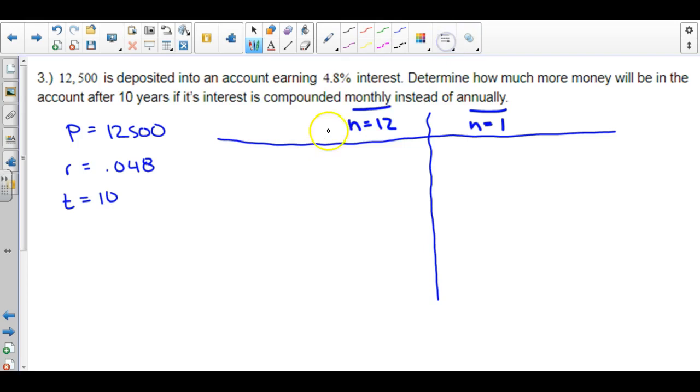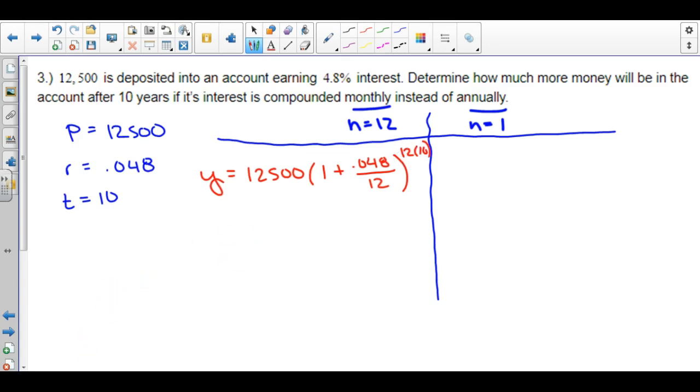So for n equals 12, I'm going to start off by saying y equals, and we take that principal value of 12,500, and then I do 1 plus the r value of 0.048 over the n value of 12, to the power of 12 times 10.